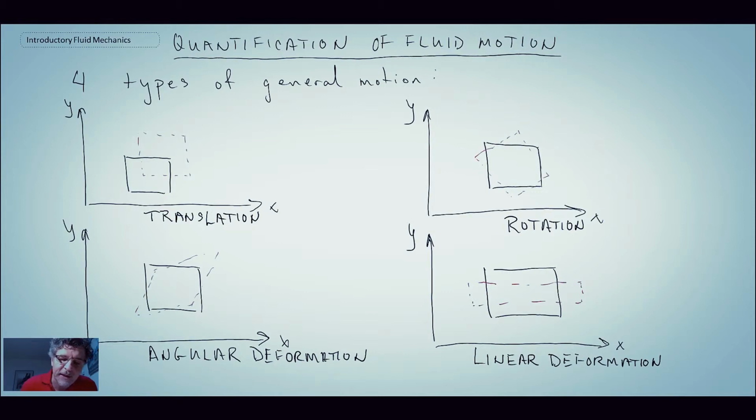We have translation, which is basically just a fluid moving in the x and y direction. It could be the z as well. We have other motions. We have rotation, angular deformation, which is really shear related, and then linear deformation, which would be expansion or contraction of the fluid.